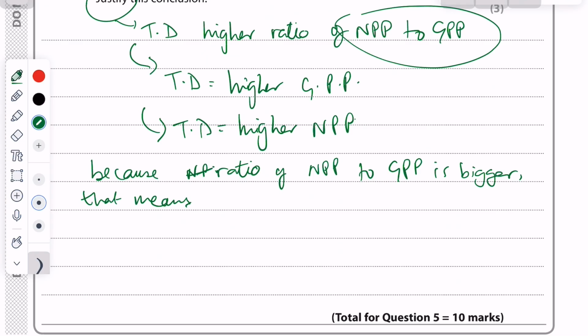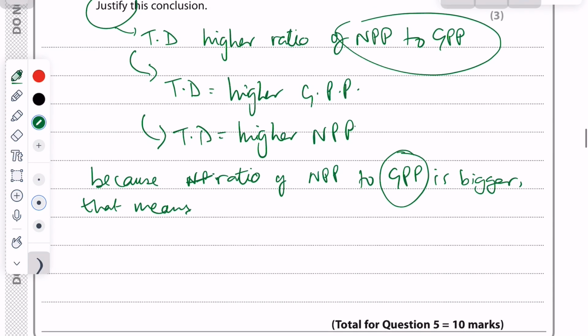GPP is essentially all of the carbon that is fixed into biological molecules. Now, the bigger the NPP is, the lower the R value is.